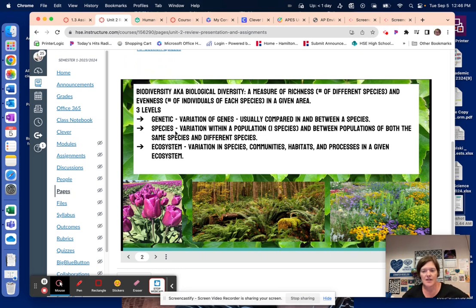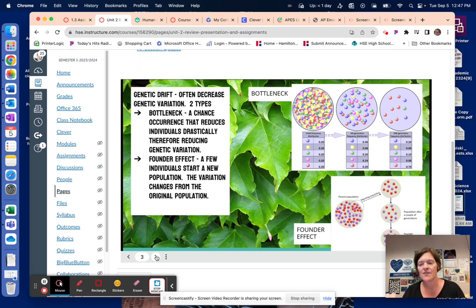And then there's also ecosystem biodiversity: the variation of the species, communities, habitats, and the processes all within one ecosystem. So make sure that you understand those three levels, and also the difference between evenness and richness, and what biodiversity is.